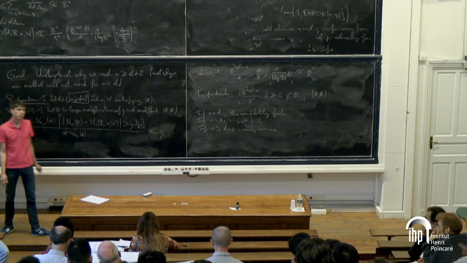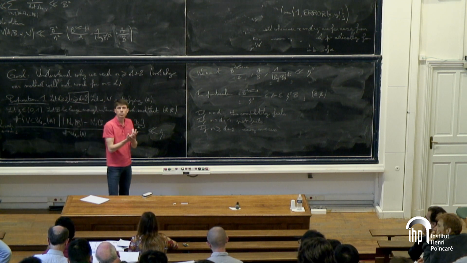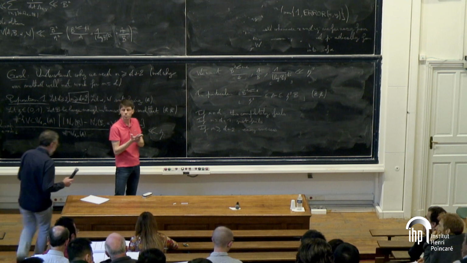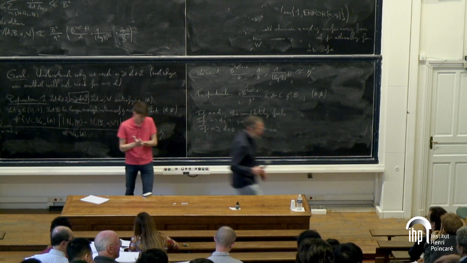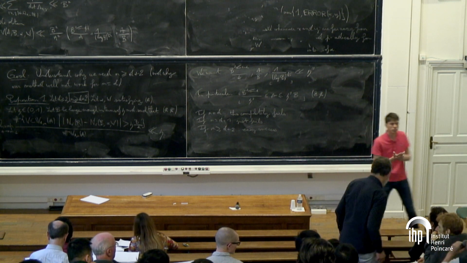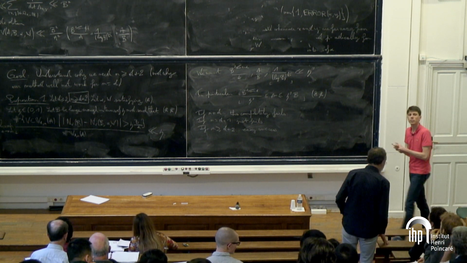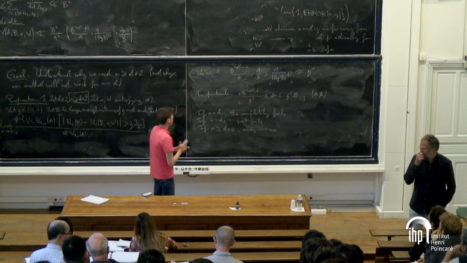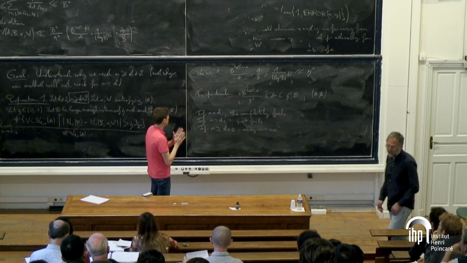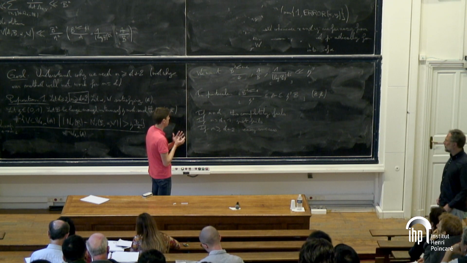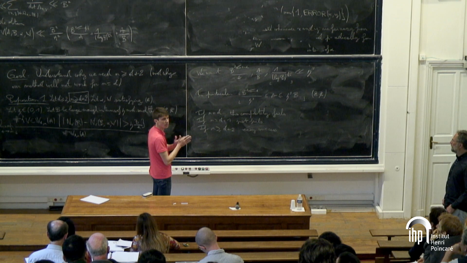Other questions? Concerning n equals d plus 1, the method does not work, or you think it's a problem? Let's say that what I've shown you this morning does not work, but we are not so pessimistic.